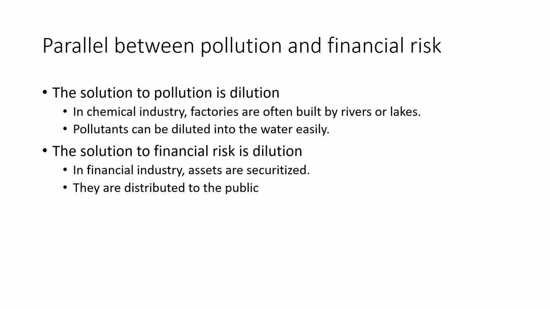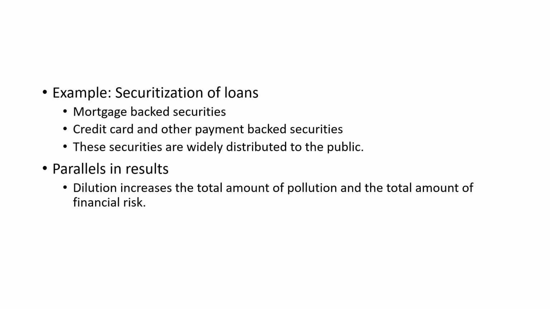The solution to financial risk is dilution. In the financial industry, assets are securitized. They are distributed to the public. An example of asset securitization is the securitization of loans, such as mortgage-backed securities and credit card and other payment-backed securities.